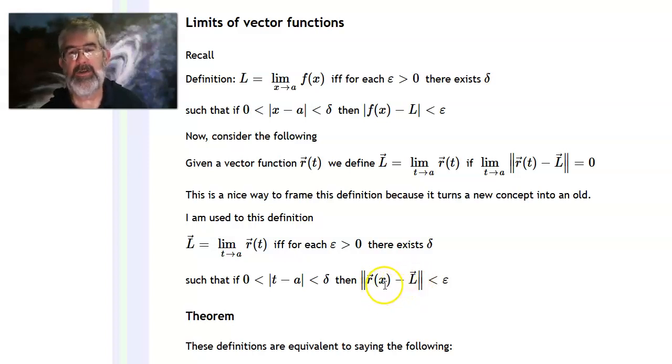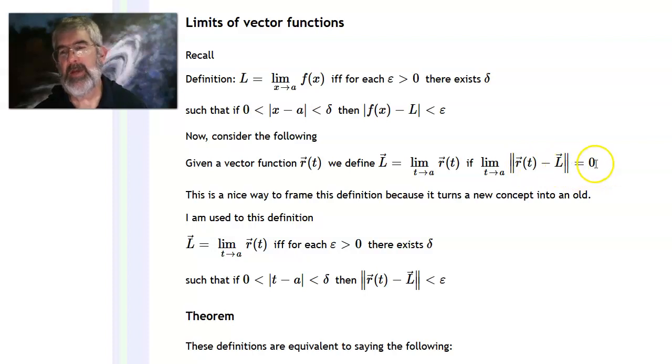Down here, that should be r of t, shouldn't it? Let's change that. r of t minus L. Notice that this here is equivalent to this here. That is to say that the limit of this function is 0 means that for each epsilon bigger than 0, there exists a delta such that if this is less than delta, then the absolute value of this thing minus 0 is less than epsilon.